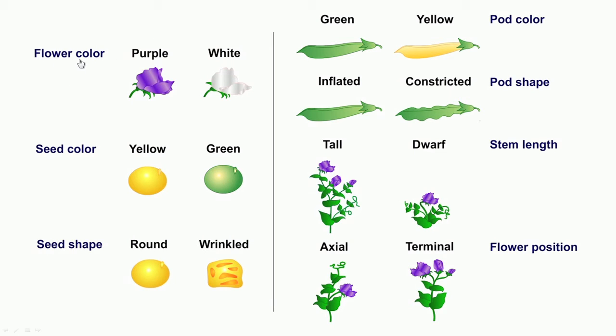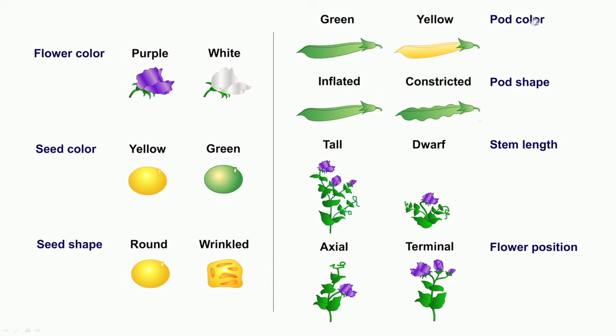In the particular case of pea plants, the flower color would either be purple or white, the seed color would either be yellow or green, the seed shape would be round or wrinkled, by round it is actually smooth, round or wrinkled.